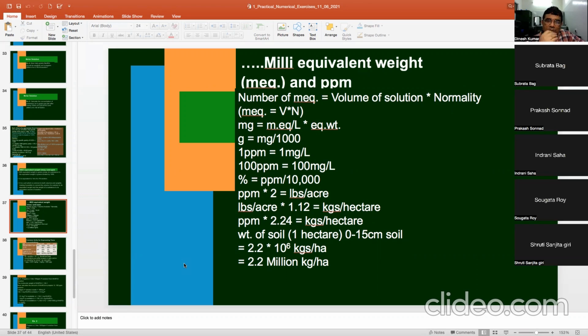This is actually an old unit, but now you can see it is kilogram per hectare. Just let the time come when I teach you nitrogen and carbon estimation. That time I will give you more clarity about it.